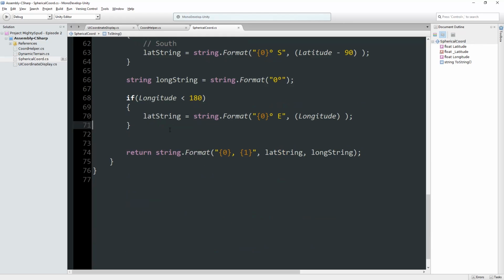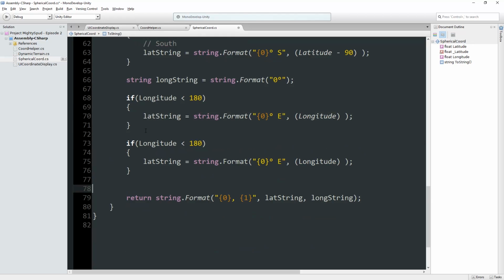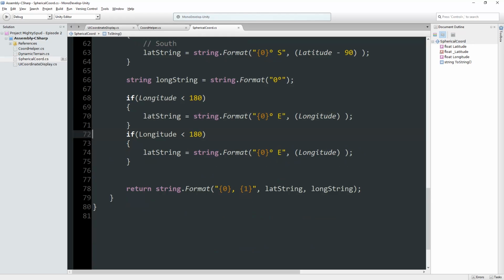That's fine. If it's greater than, actually, if it's equal to or greater than 180, then it's west. I guess the question is, I'll tell you what, less than or equal to. So if we're at exactly 180, we'll call it 180 east. Otherwise, if it's greater than that, then we're going west.